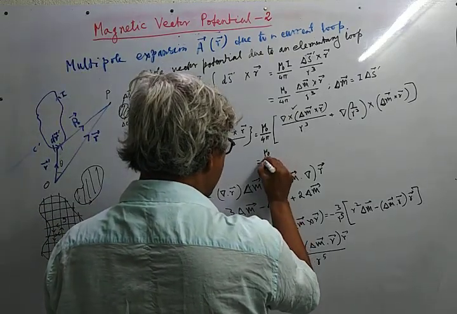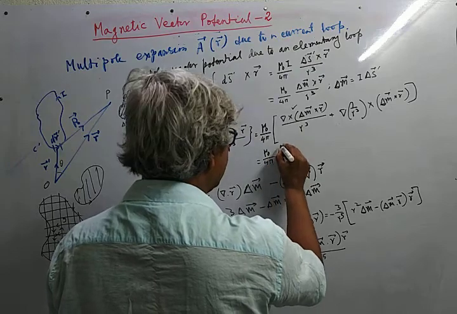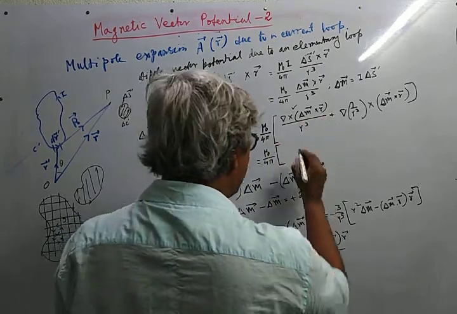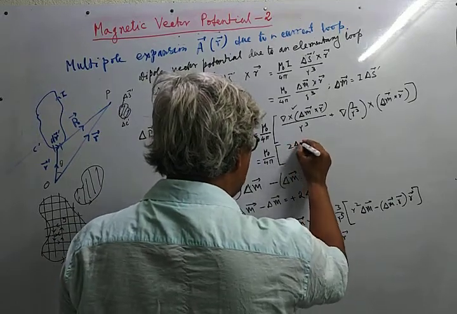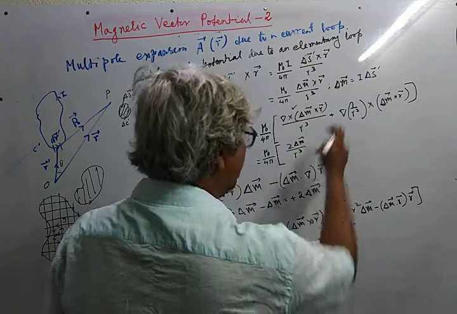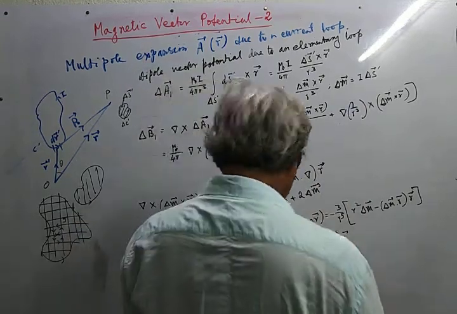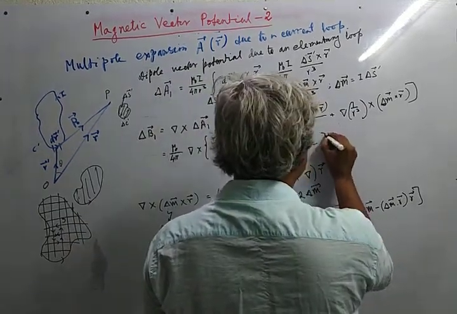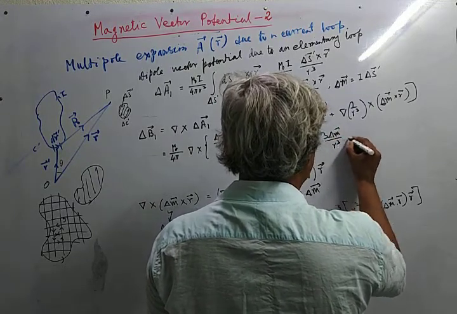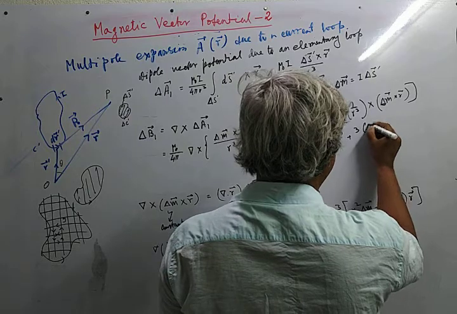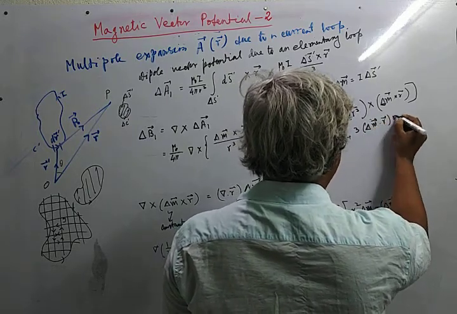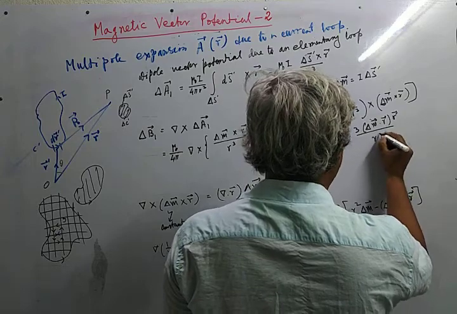mu 0 upon 4 pi is there. For the entire term we write 2 delta m upon r cube, and for this we write minus 3 delta m upon r cube plus 3 delta m dot r by r to the power 5.